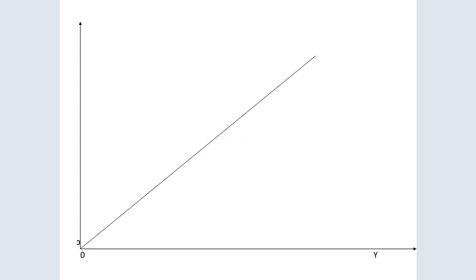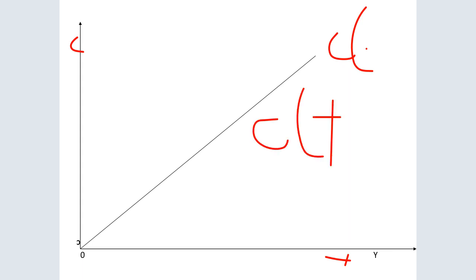So if you look at that diagram, this is C, consumption. So we have income here. So this one is a function of what? Now, this is simply a function of income.